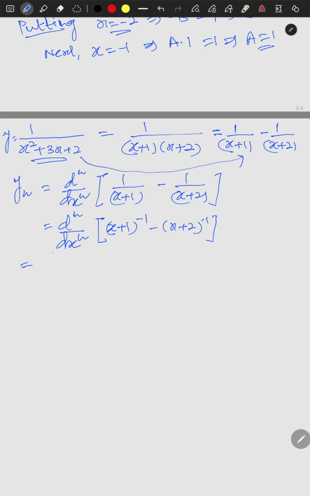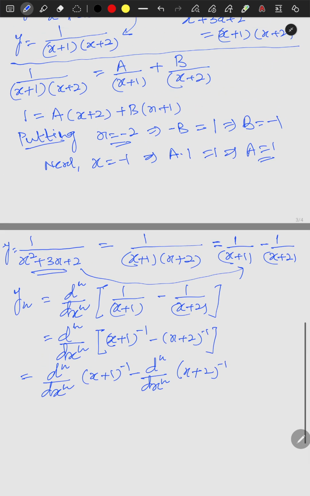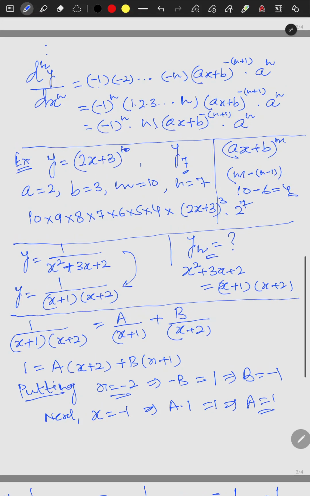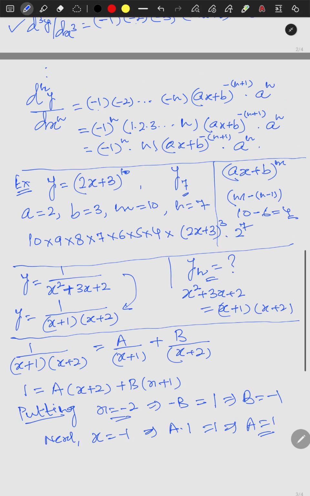So this is the nth order derivative of x plus 1 to the power minus 1 minus the nth order derivative of this. So in this case we are using this formula.